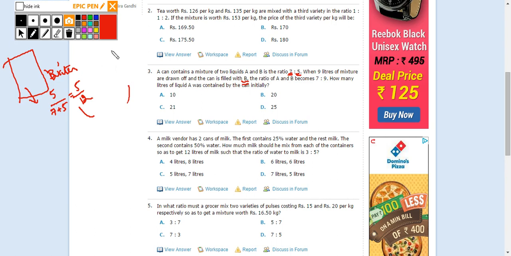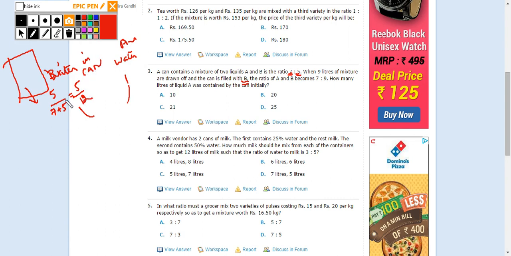How much percentage water is in pure water? Obviously we have 100%, so we represent it by 1, which represents 100%. So this is pure water, this is water in can.